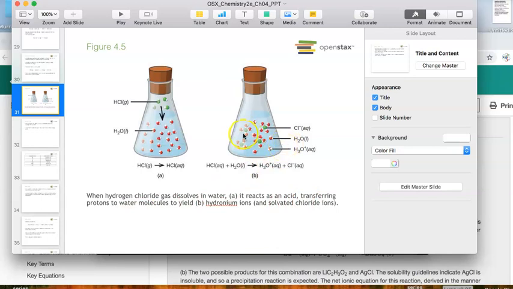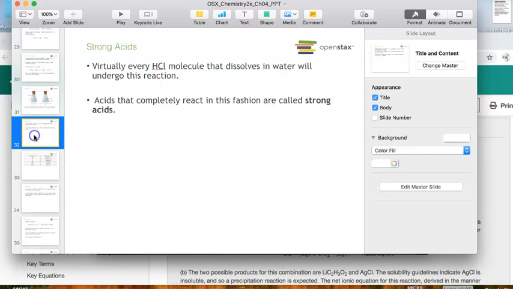Here we see the protons being donated to the water molecules to form hydronium ions, H3O+, and then you're left with chloride ions, Cl-, dissolved in water. You can see how the water molecules completely surround the Cl- because they're attracted to that negative charge, and it's basically dissolving the Cl-.